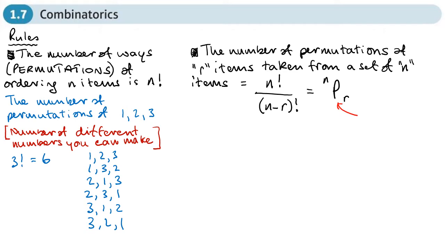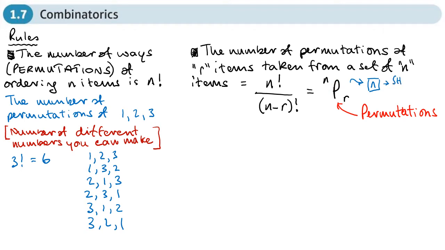Now there's actually a button that will work this out for you, and it's called nPr. Now you may have come across nCr, which we'll be looking at in a moment. C stands for choose, P stands for permutations. So we can either work this value out manually, or we can use this nPr button on our calculator.